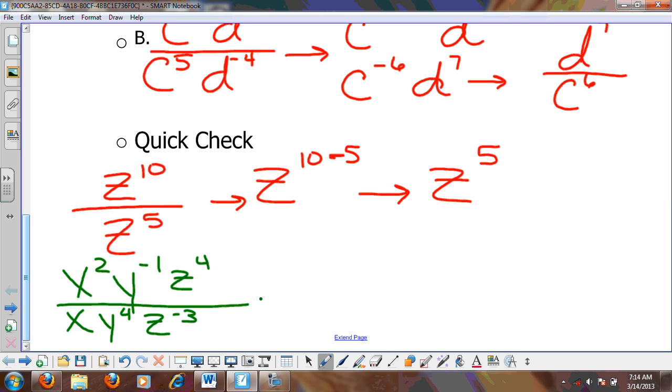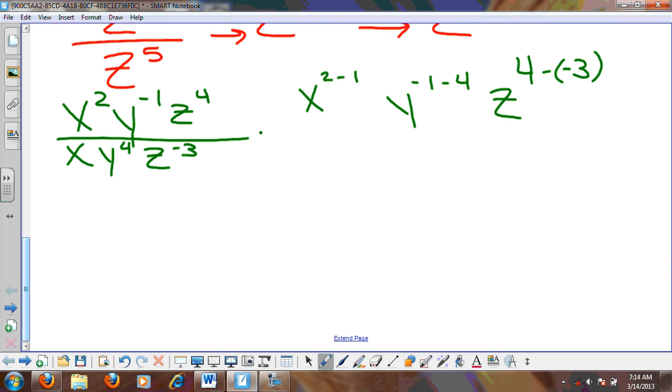What do I have that's the same base? X. So I have x to the 2 minus 1. Okay. Y. Y to the negative 1 minus 4. All right. And z. Z to the 4 minus negative 3.